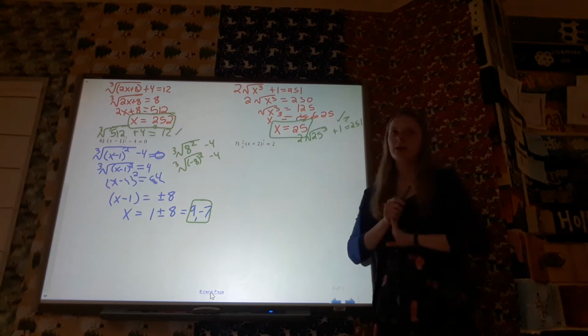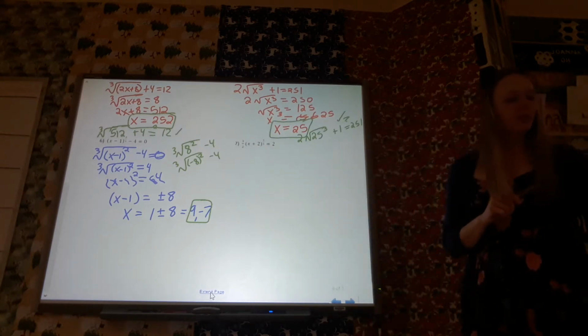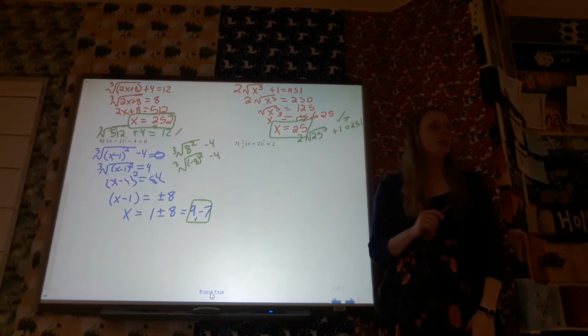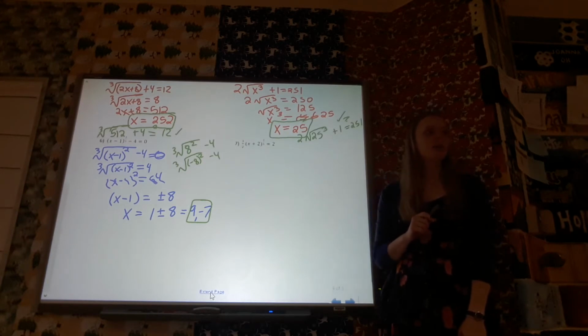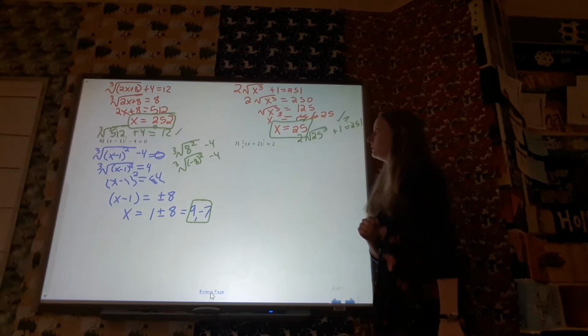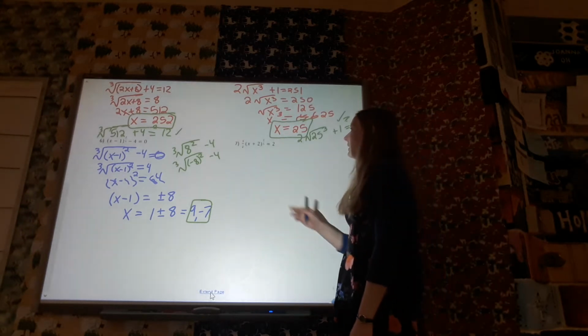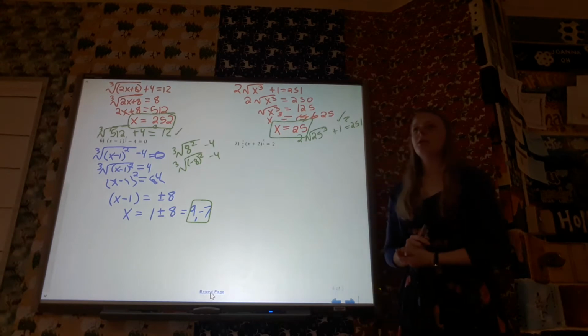Then we'll go on to some slightly more difficult ones on the other side of the page. Yes, that would be where one of them would be extraneous. We'll see an example or two. Alright, so for this one, what would I want to do first?